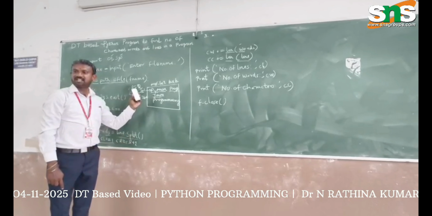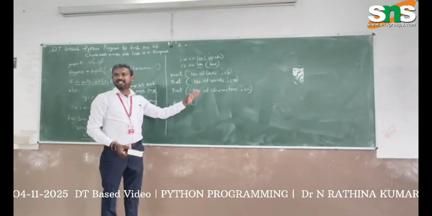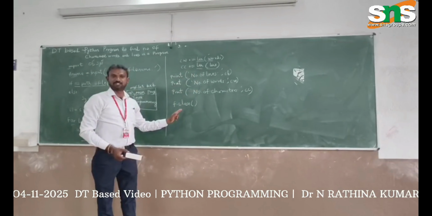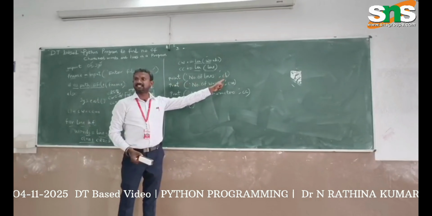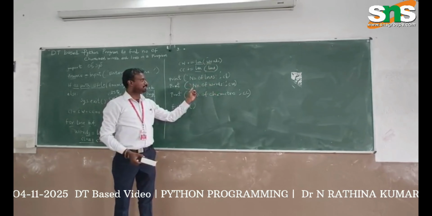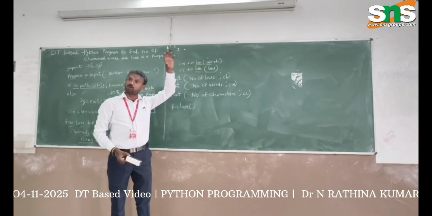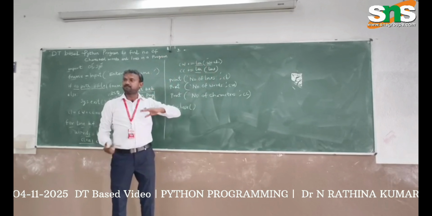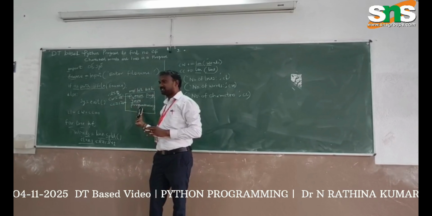Once it reaches the last line, we display the results with the help of the print function. The first one is print the number of lines, CL. CL contains how many lines there are. The next one is print the number of words. CW contains how many words there are in total. Here the file has 3 lines, but it has 4 words.